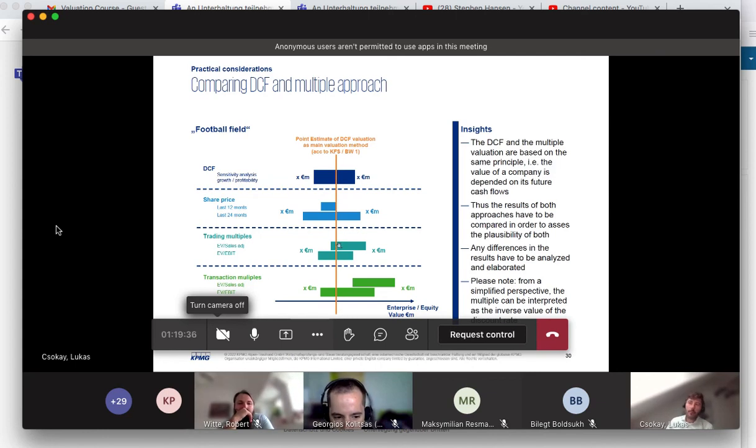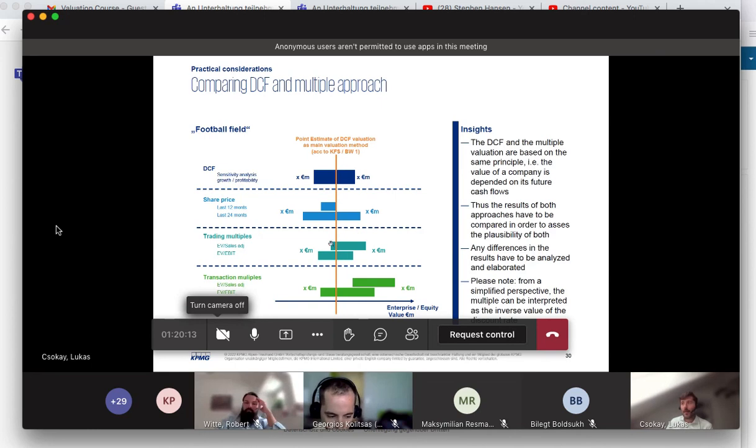And here, for example, you see that transaction multiples show higher results. That's also quite typical because often in transactions, the buyer pays too much. He pays a premium, sometimes referred to as a control premium. Sometimes it's just that the seller is a good negotiator, and so the buyer overpays. It's a typical picture, and then transaction multiples also show higher results than trading multiples.